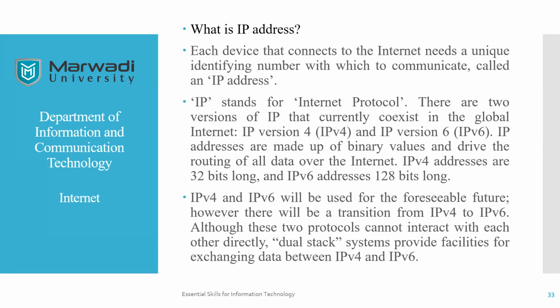It says the protocols cannot interact with each other directly. Dual stack systems provide facilities for exchanging data between IPv4 and IPv6. So there are some systems which can provide both protocols, or you can exchange between these protocols whenever you are using your internet. This type of system is called dual stack.